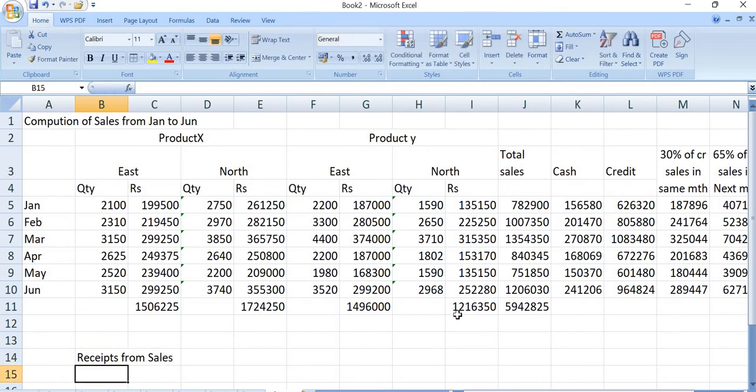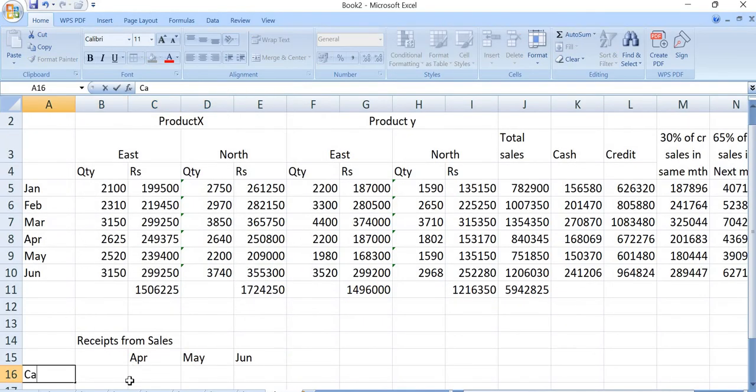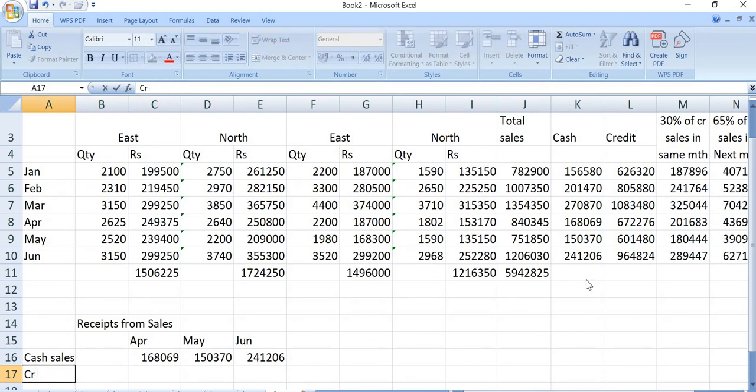So now I am calculating receipts from sales. I required for April, May, and June. So cash sales, that is for April month, like 68,000.